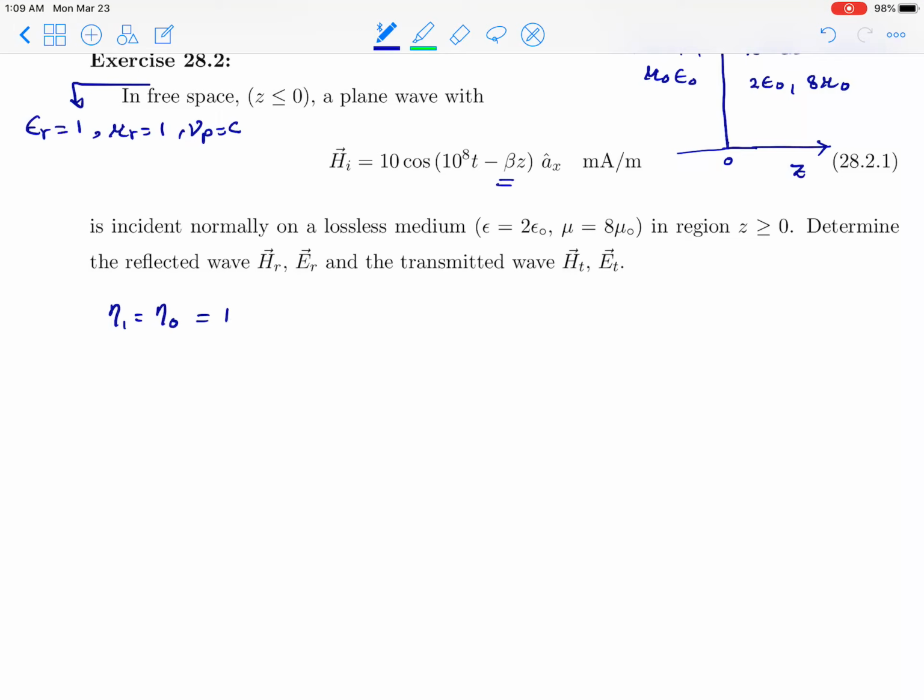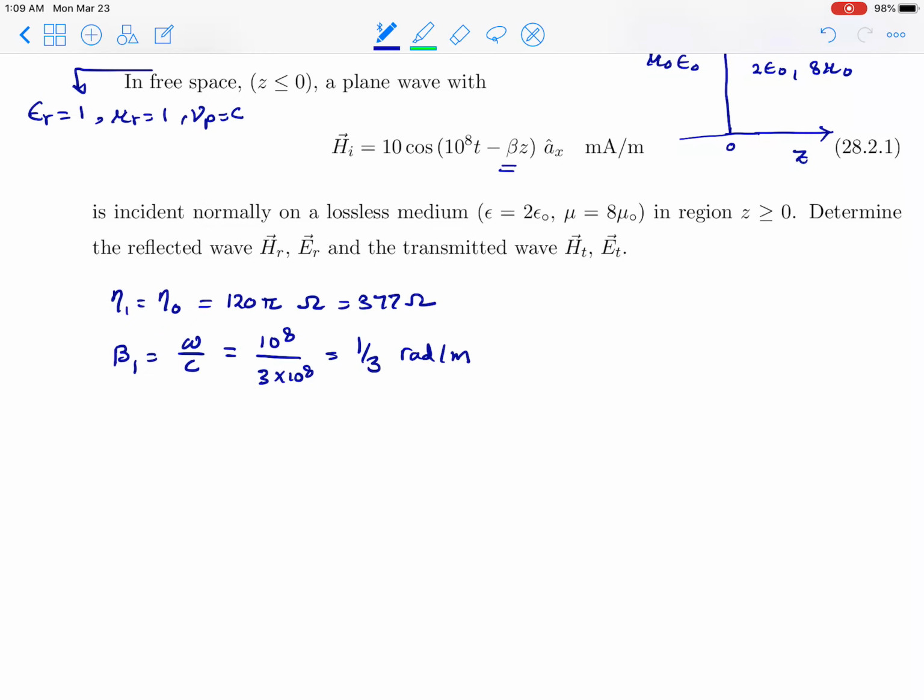So eta 1 is eta naught, since it's free space, which is 120 pi ohms, or 377 ohms. Beta 1 is omega divided by c, and we have omega 10 to the power 8. C is 3 times 10 to the power 8, so beta is 1/3 radian per meter.